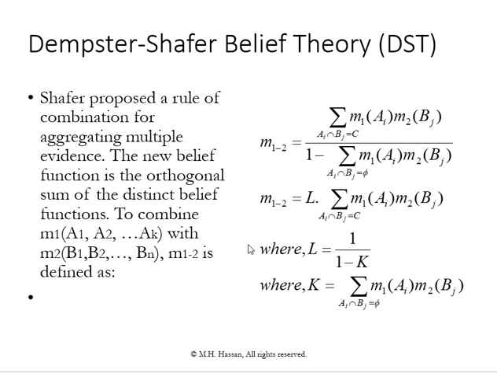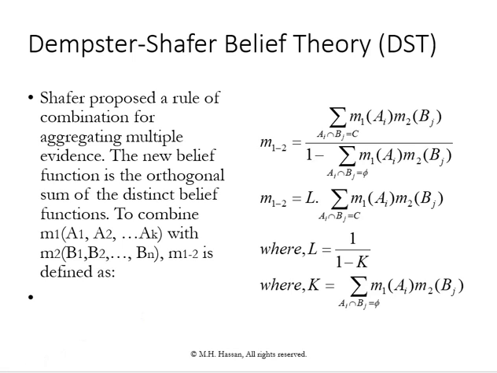Now, Dempster-Shafer belief theory, which started with Dempster, then Shafer, has a rule of combination to aggregate multiple evidence. The new belief function is the orthogonal sum of the separate belief functions.